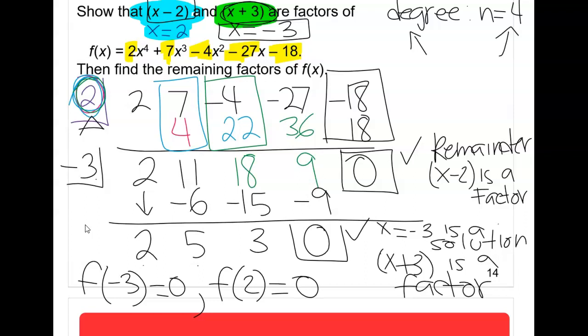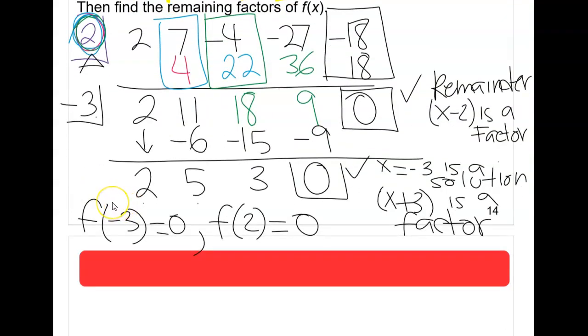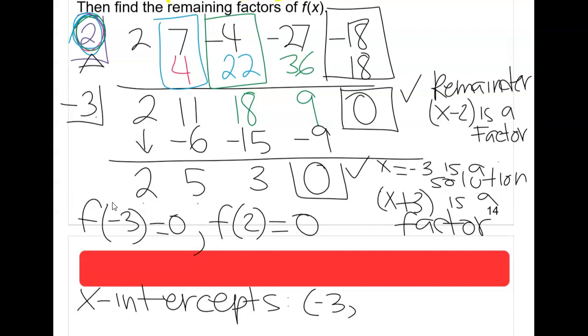And one more thing, we could say that the x-intercepts will be -3, 0, and the other one will be 2, 0.